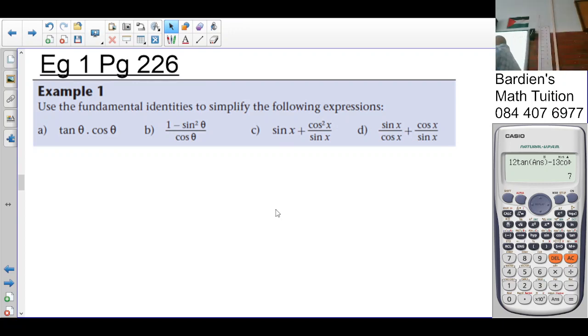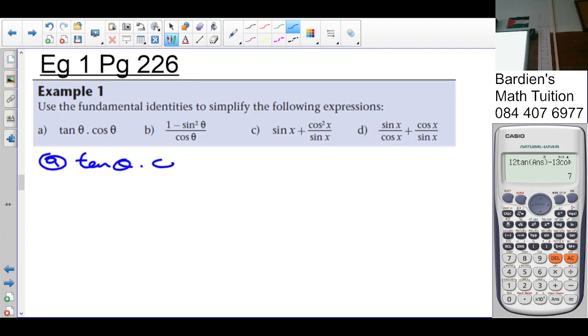So, let's look at number 8. You got tan theta times cos theta. Now tan theta can be written as what? Sine theta over cos theta. So easy.